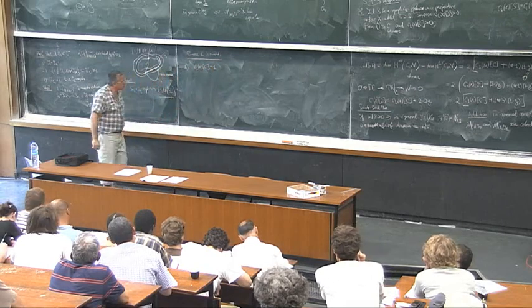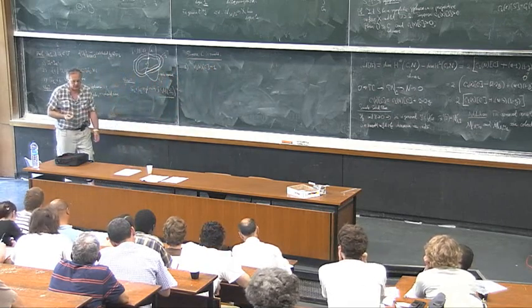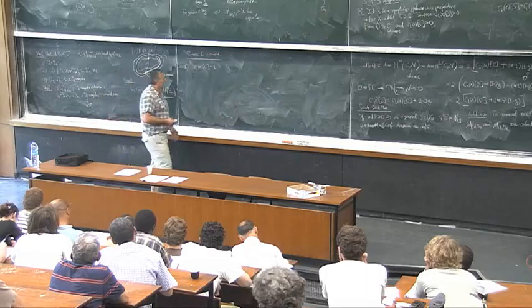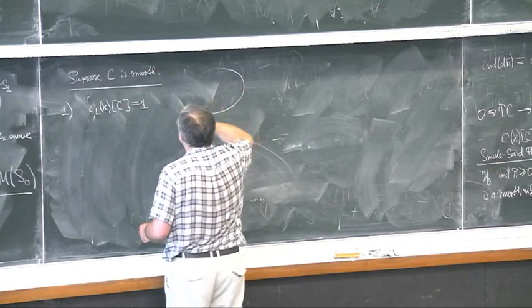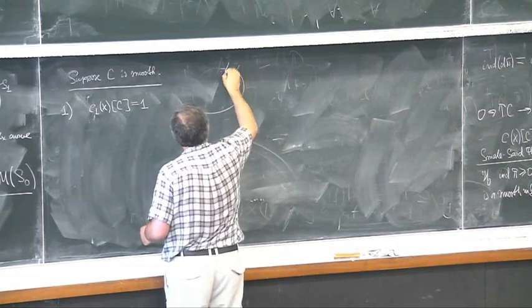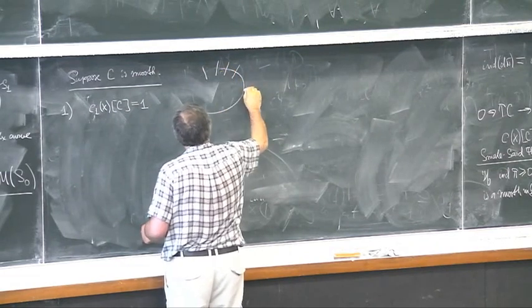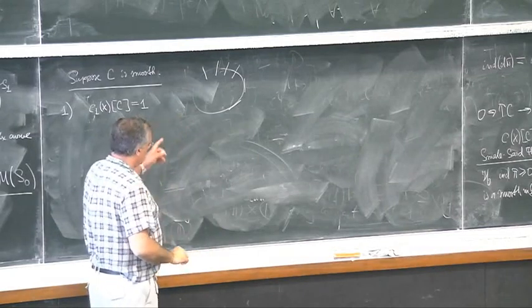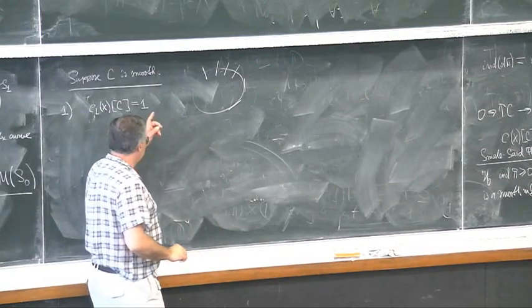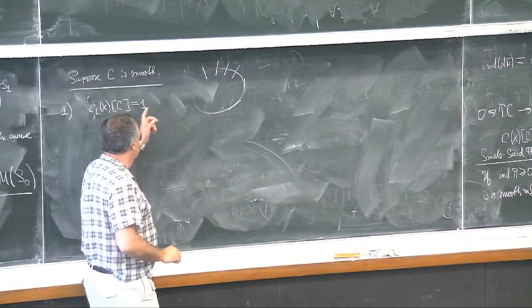What does it mean that you have a curve with first Chern class equal to 1? Well, as I did several times, the Chern class is the sum of the Chern class of the normal bundle plus the Chern class of the tangent bundle, which is 2. It's the Euler characteristic. So 2 plus Chern of the normal is 1.